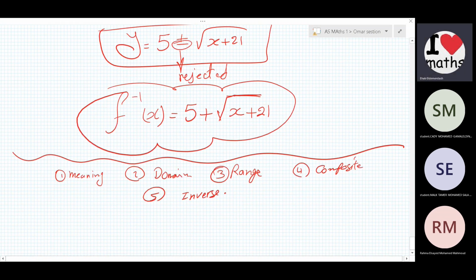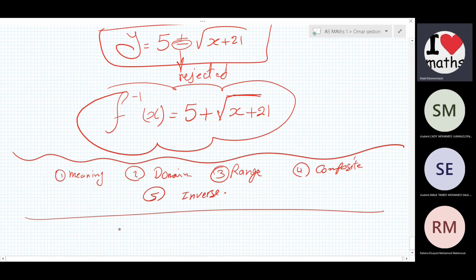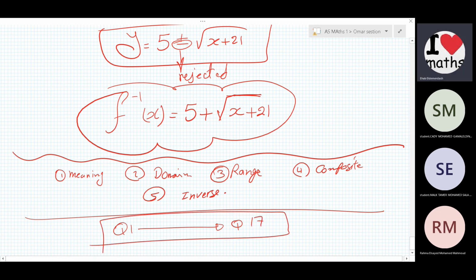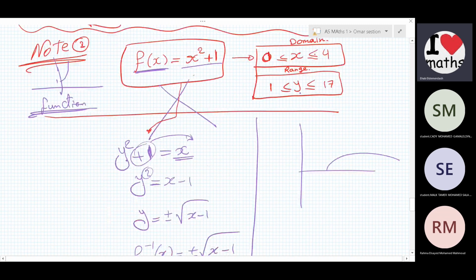Listen, there is a worksheet, questions 1 to 17, I think. I recorded the questions from 1 to 17. The total of the worksheet is questions 1 to 29. Some questions, like this one, ask for the inverse.